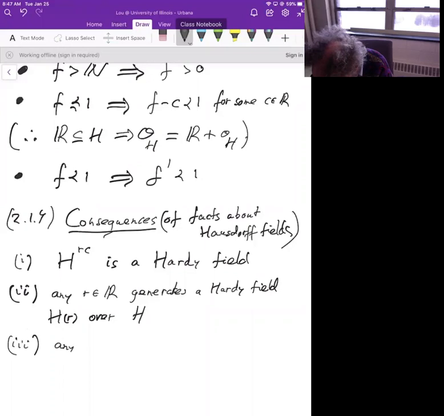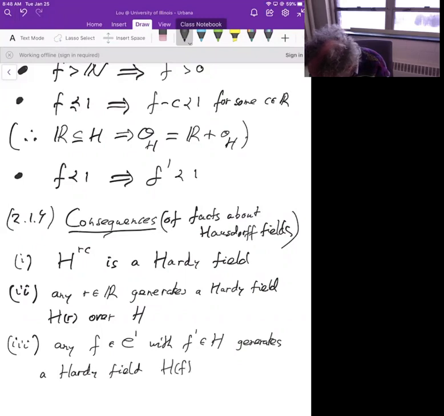Any f in C^1, any continuously differentiable germ whose derivative is in H, in other words, f is an antiderivative of an element in capital H, then you can adjoin f to H and it generates a Hardy field H(f). Okay.